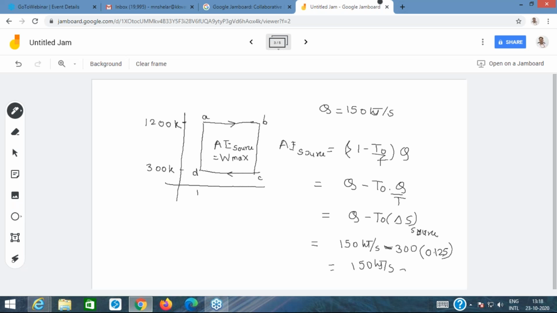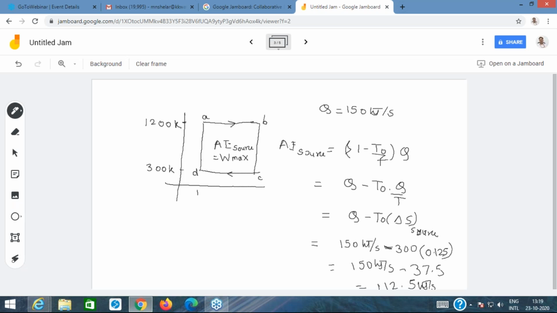So it is 37.5, and then this comes as 112.5. Yes, correct, you are right. 112.5 kilojoules per second is the available energy of the source.